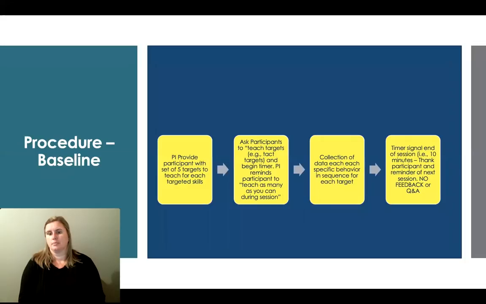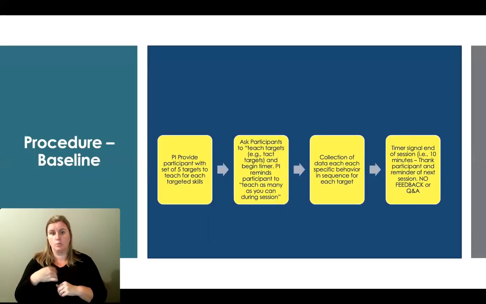As baseline, there was no training being provided. Participants were provided with specific targets for implementation across target skills. Following that, participants were asked to begin the session.